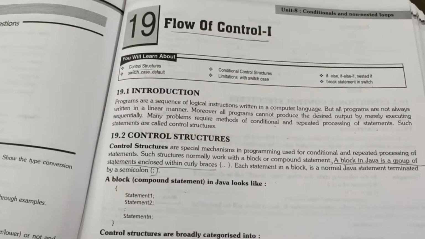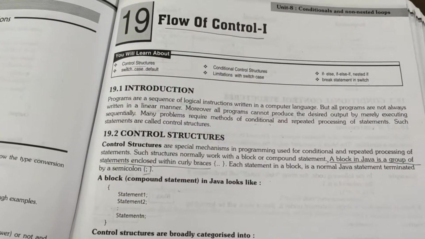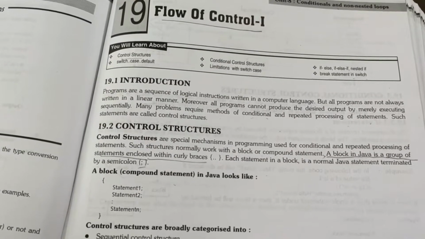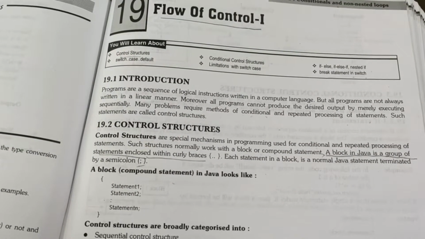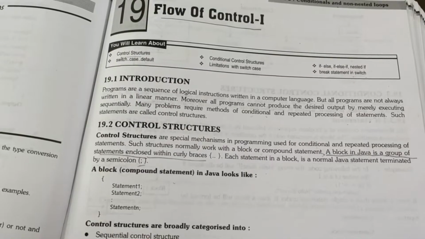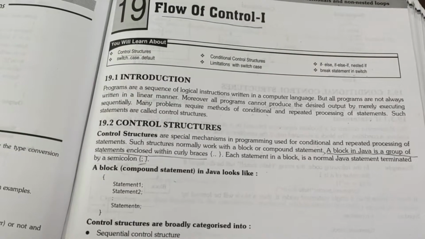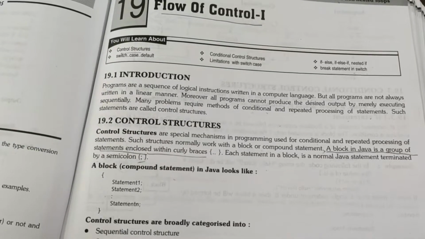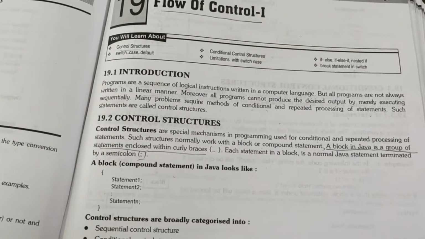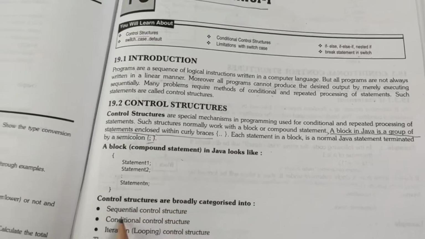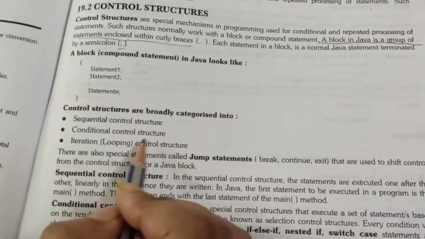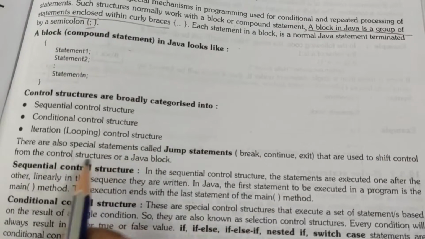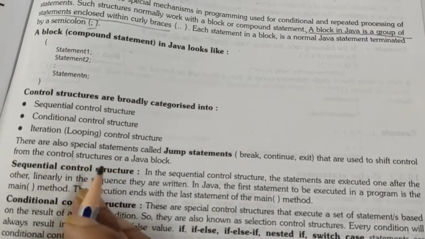Child, a control structure is used to describe the task a program is going to perform, or which type of program is going to be performed by Java. A Java control structure represents a logical order of program instructions. Three basic control structures are the sequential control structure, the conditional control structure, and the iteration control structure or looping control structure.